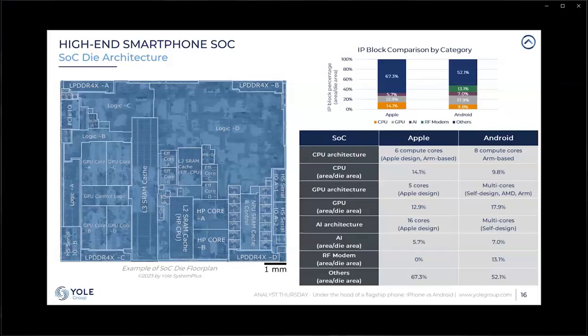And for other Android phones, we often see 8-core CPUs, which could be semi-customized by ARM or completely developed by ARM. Apple has a higher CPU area percentage in the table compared to other Android phones, but contains a lower percentage of self-designed GPU.